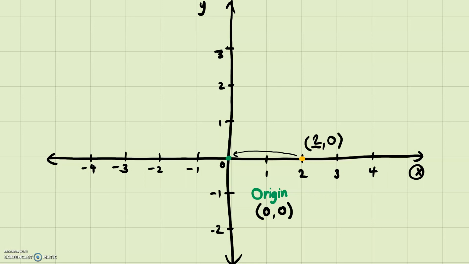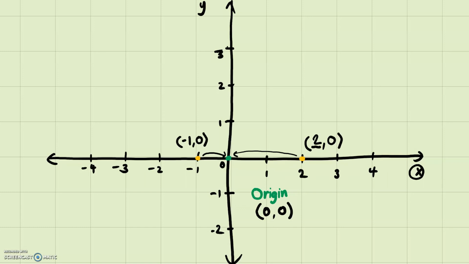Okay, how about this point right here? What are the x and y coordinates for that one? The x-coordinate is -1. It's on the -1 of the horizontal line. How about on the vertical line? If you just go straight across towards the vertical line, you'll see that it is 0.